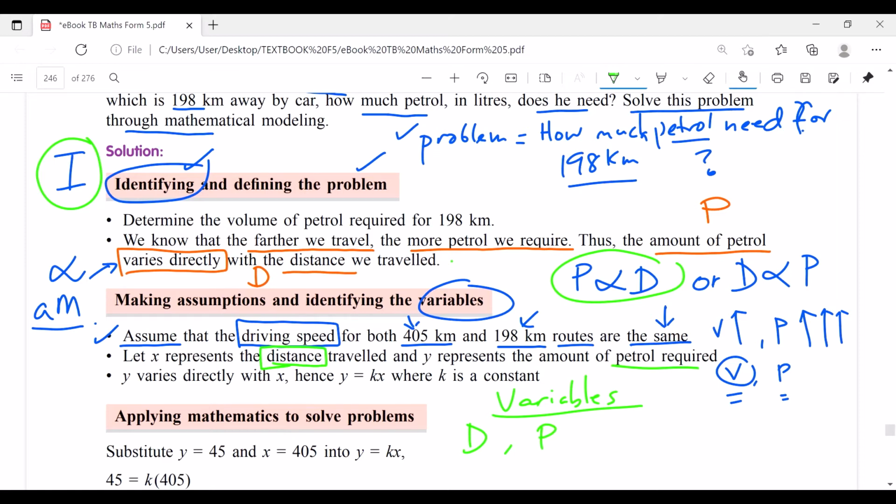So we can make it in the form of a relationship.